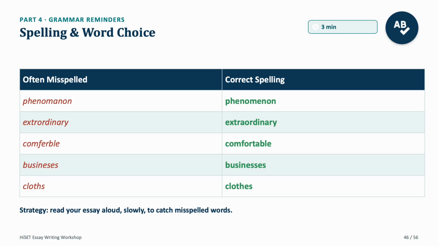Look how it's actually spelled. Businesses. Okay, look at businesses. The correct spelling. Cloths instead of when they mean clothes. Okay? So, read your essay aloud, slowly to catch misspelled words. Oftentimes, if we're just reading it in our head, we miss the mistakes. But if you read it aloud, you'll probably catch the mistakes.